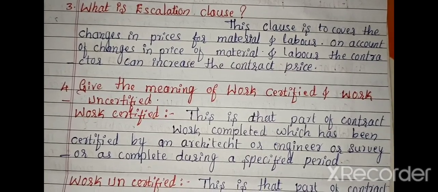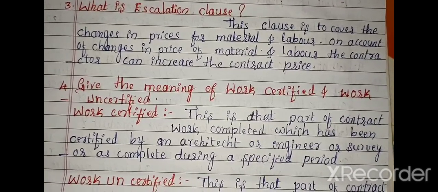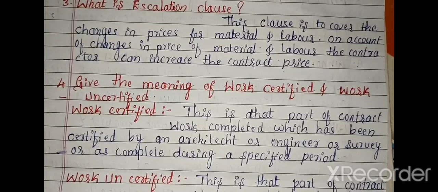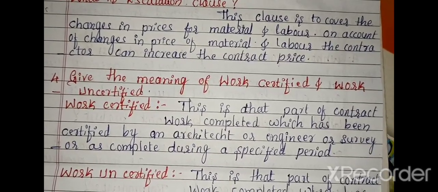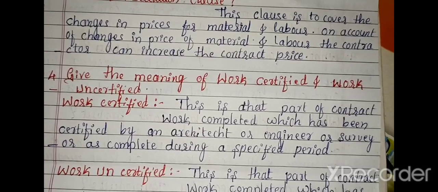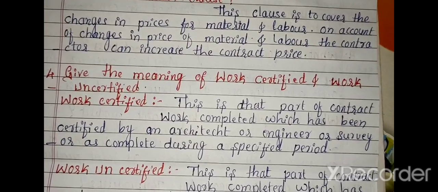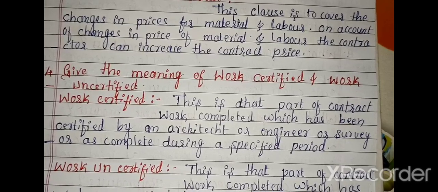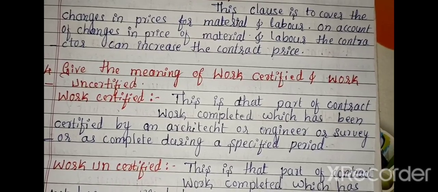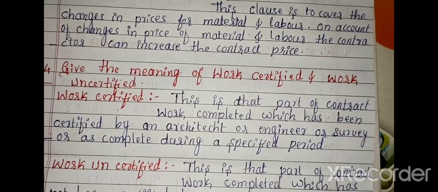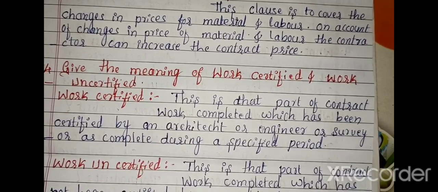Give the meaning of work certified and work uncertified. First one, work certified. This is that part of contract certified by an architect or engineer or surveyor as complete during a specified period, and is called work certified.